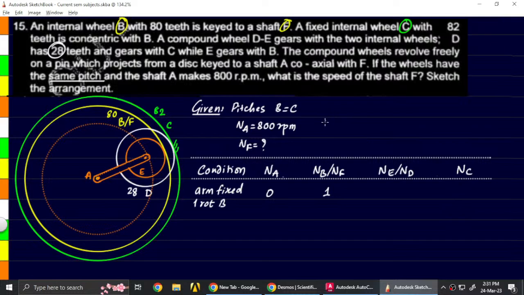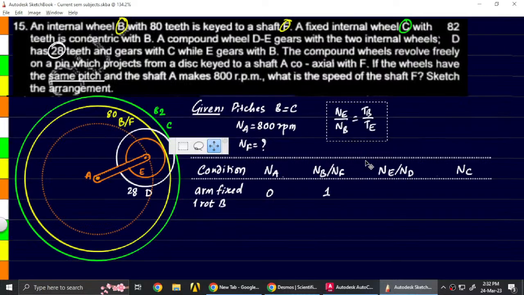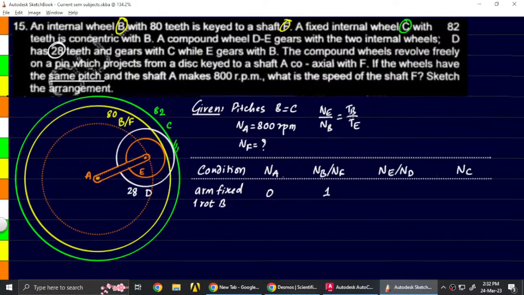B is connected with E, so NE by NB will be equal to TB by TE. This is the relation we have to use. Because the meshing is happening internally, the negative sign will not come, it will just be positive.